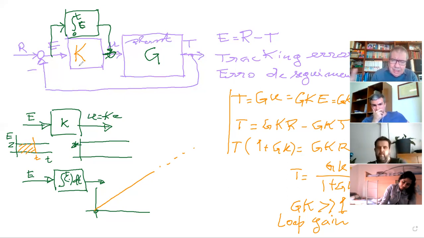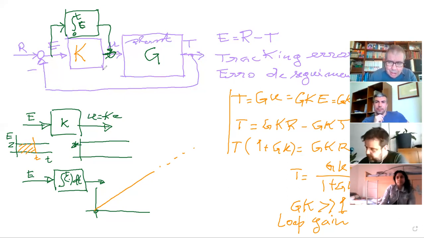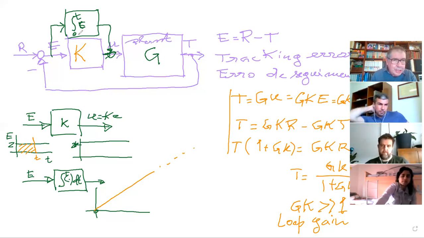I mean, this is perhaps too elaborated. But one thing you can really understand and accept without any argument, which is that when the error is 0, the integrator output is not 0.